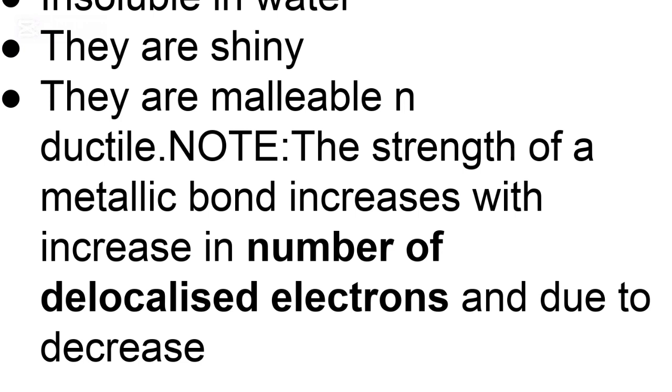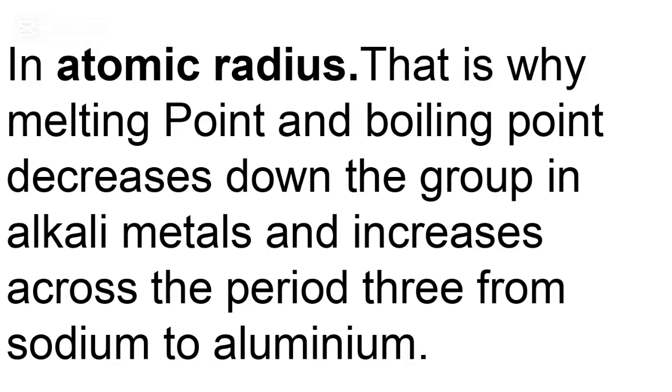Let's note that the strength of a metallic bond increases with the increase in the number of delocalized electrons and with a decrease in atomic radius. That is why melting point and boiling point decrease down the group in alkali metals and increase across period 3 from sodium to aluminium.